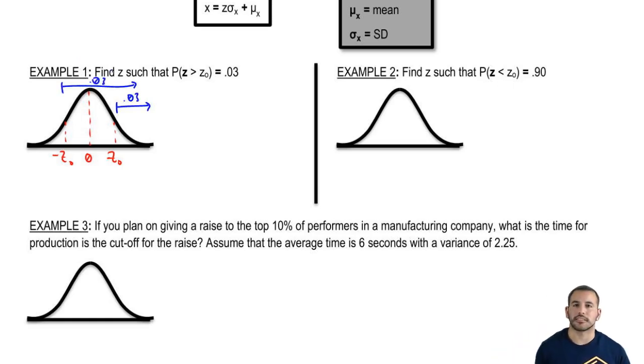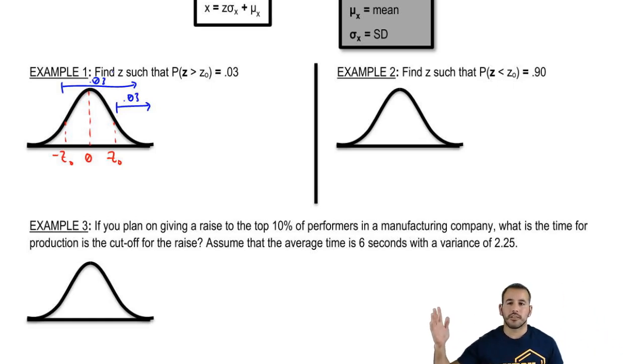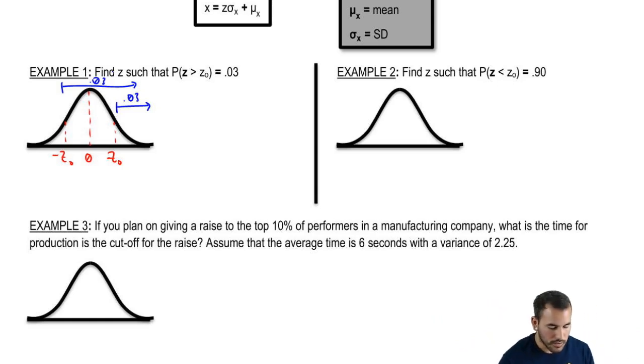Which one of those two makes sense? We should be on the right, right? Because the one on the negative side can't be 0.03. Even at 0, at the mean, from the mean up is already 50%. So if we move even more left than that, we should be greater than 50%, not 3%. So it can't be this one. We're definitely in a positive Z.